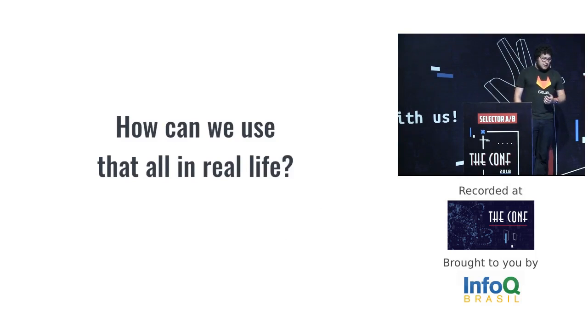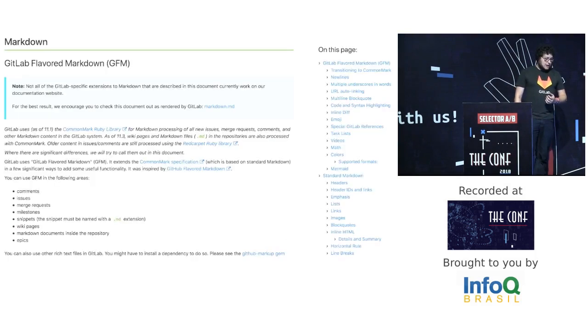How can we use that in real life? Again, going back to the Markdown example before, this is a screenshot of our documentation site. Our documentation site actually uses GitLab flavored Markdown.